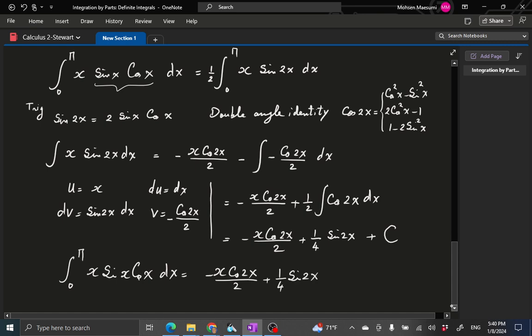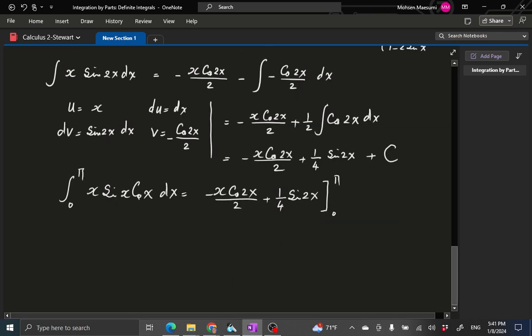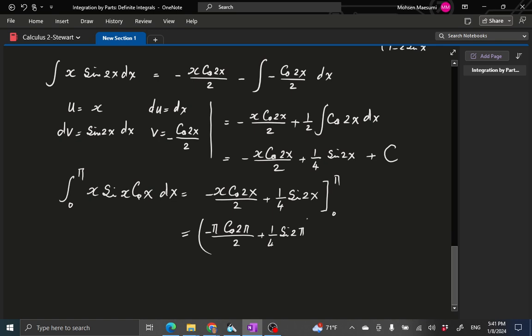We said no reason to bother with that c anymore, 0 and pi, and I put a pi in this, so minus pi cosine of 2 pi over 2, 1 quarter of sine of 2 pi. Put everything in the parentheses so that it looks like the contribution from the upper limit.